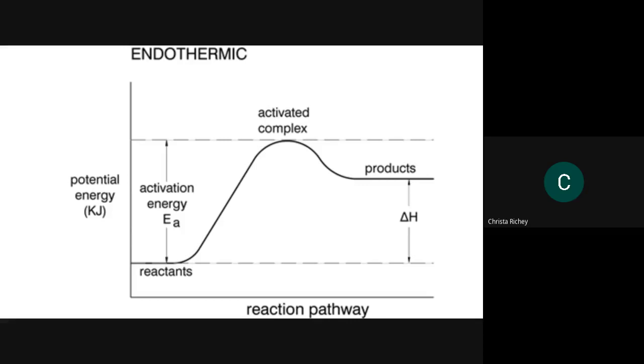And you've got some very unstable things going on before you start making products. But until you crest the top of this hill, you don't start making products. So the potential energy for your activated complex is from that hump all the way down to 0.